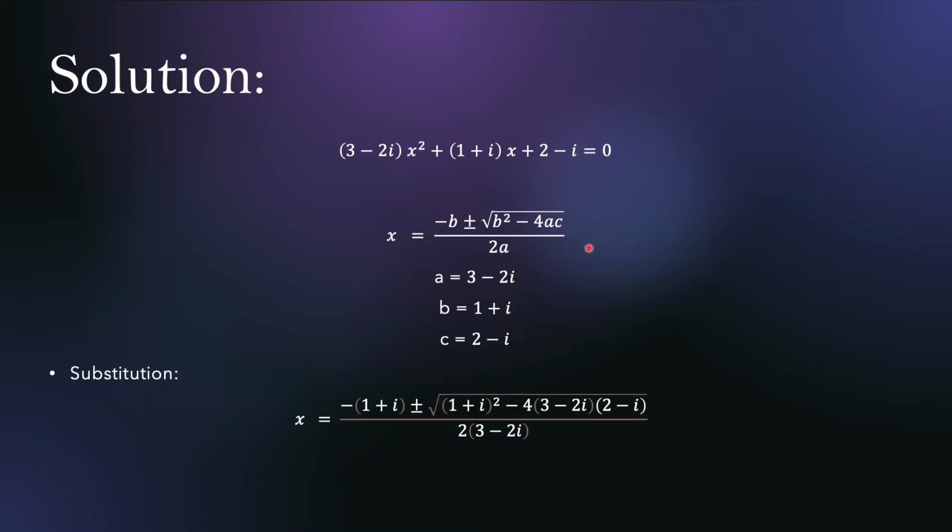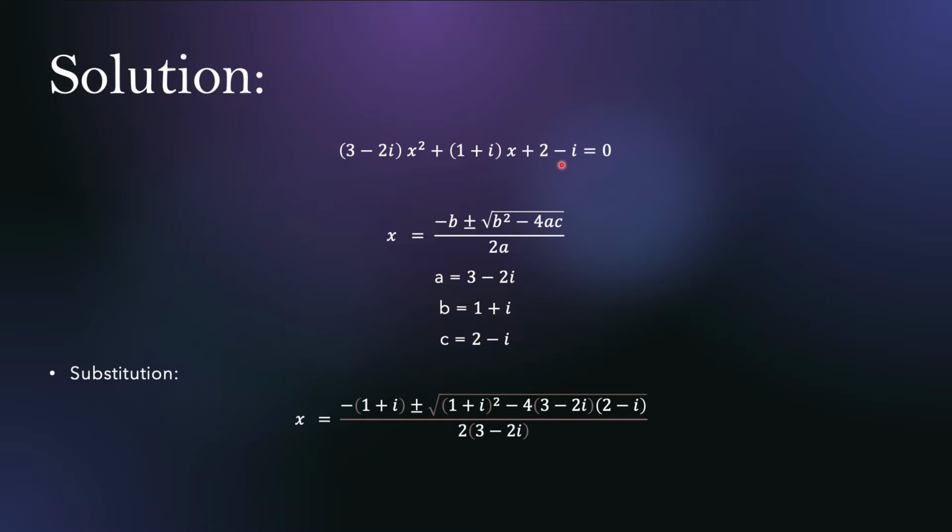And when we extract out the coefficients a, b, c from this equation, we have that our a is equal to 3 minus 2i, and our b is 1 plus i, and then c is 2 minus i.